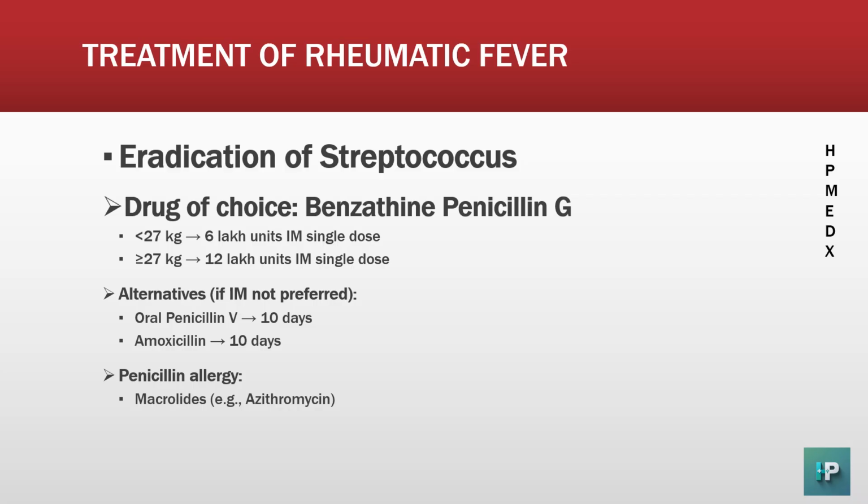People with less than 27 kgs, we give a single 6 lakh unit IM dose, and more than 27 kgs, 12 lakh international units IM single dose. And there are alternatives like oral penicillin V for 10 days or amoxicillin for 10 days. And in case of penicillin allergy, macrolides, for example azithromycin, are used.